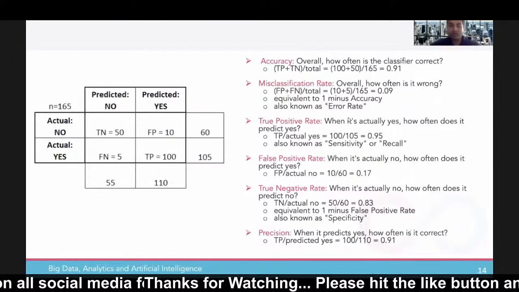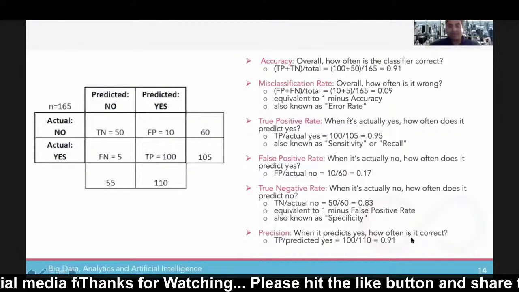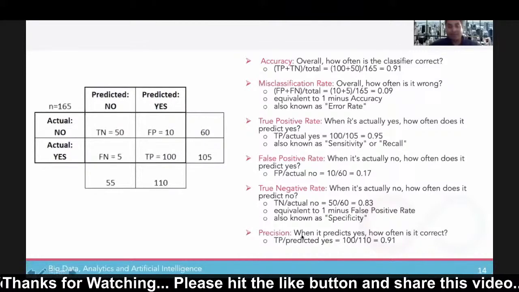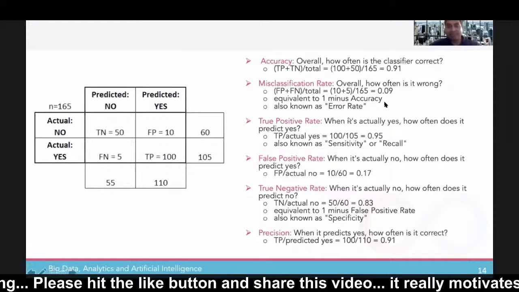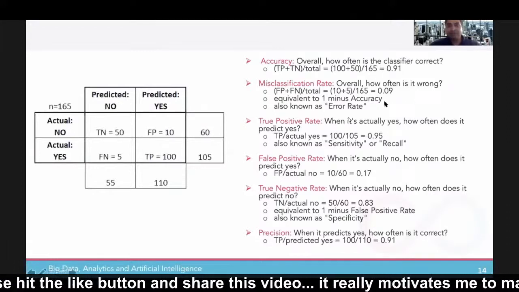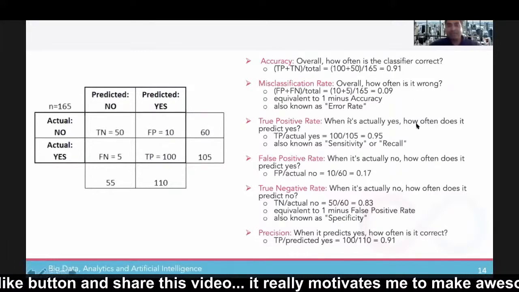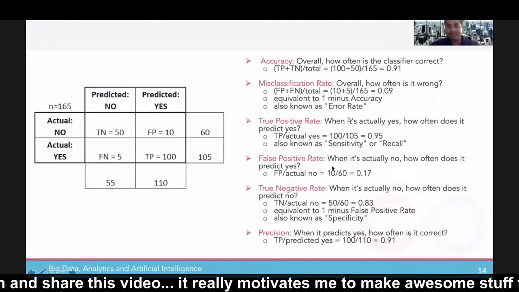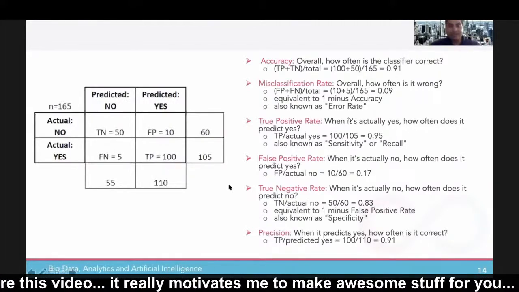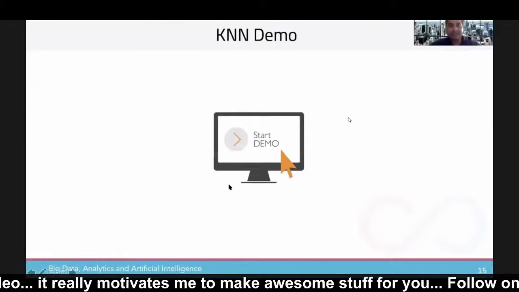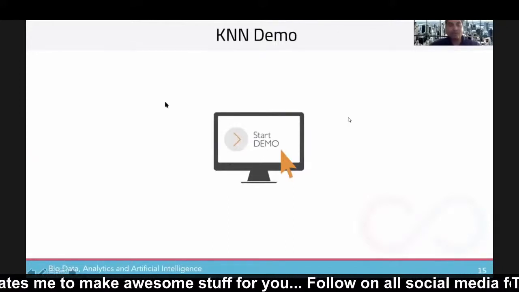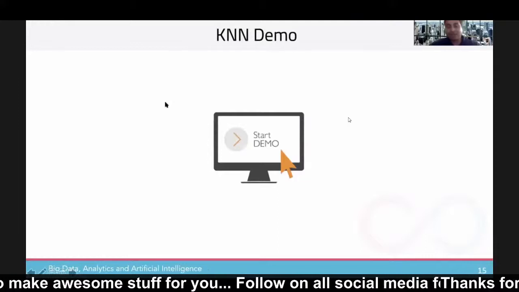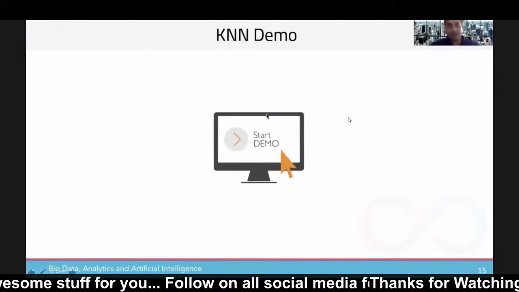That determines the rate of how often it is correct when it predicts yes, and recall is how often it predicts yes when it is actually yes. These two parameters and other statistics help you get information about the correctness of your algorithm.